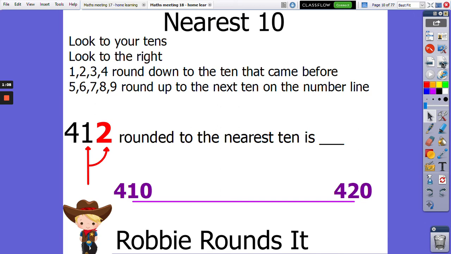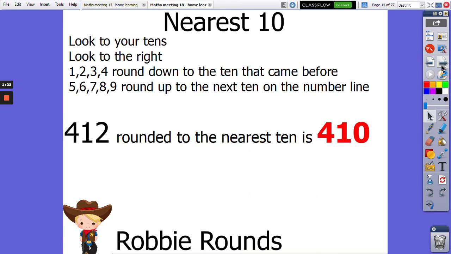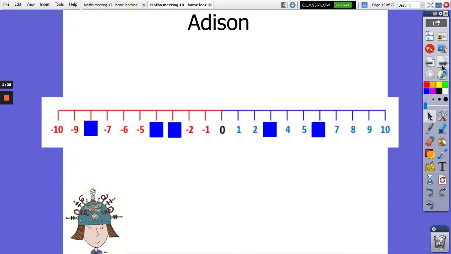Okay, let's look back at our number line. Halfway between 410 and 420 is 415. So 412 falls just about there on the number line. We can already see which multiple it's closest to. It's closest to 410. 412 rounded to the nearest 10 is 410. Well done if you got that one correct.